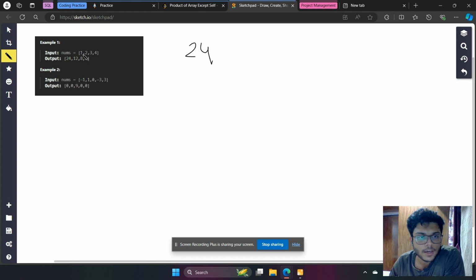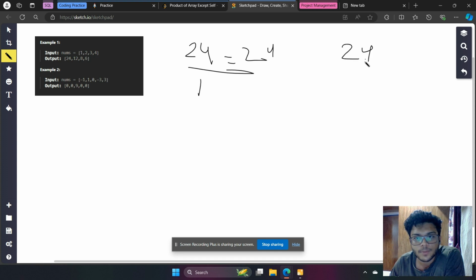So if we want the answer for position 1, we can just divide by the element at position 1. So 24 divided by 1 would be 24. Then for position 2, we can do 24 divided by 2, which is 12. So this is the product of the array except itself, because we are dividing the element from the total product.